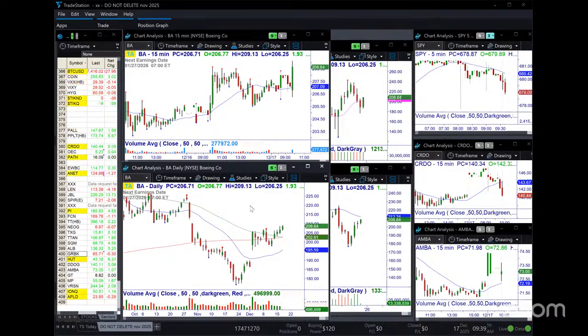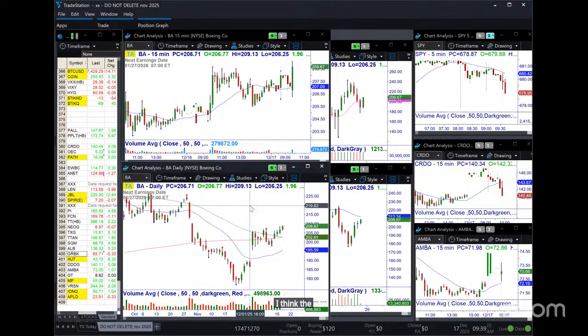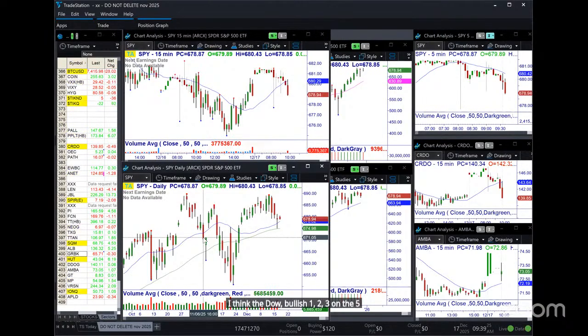I think the Dow, Dow one bullish 123 on the 5 minute, or the Dow futures, best looking for some kind of long scalp. Not moving yet.